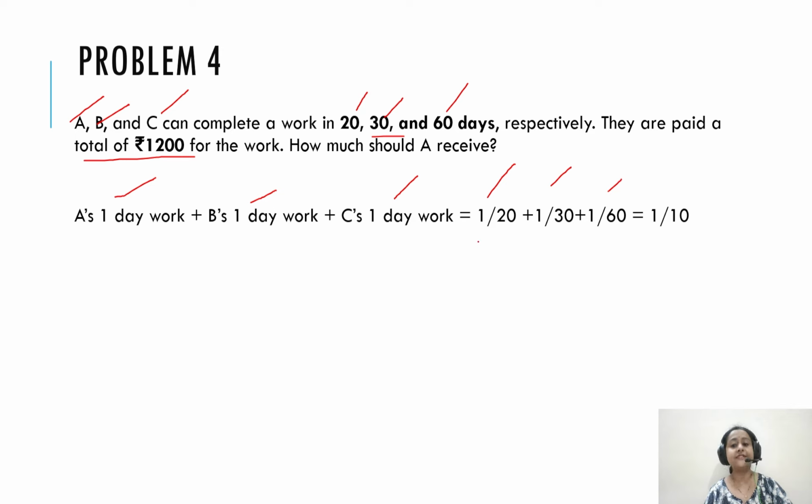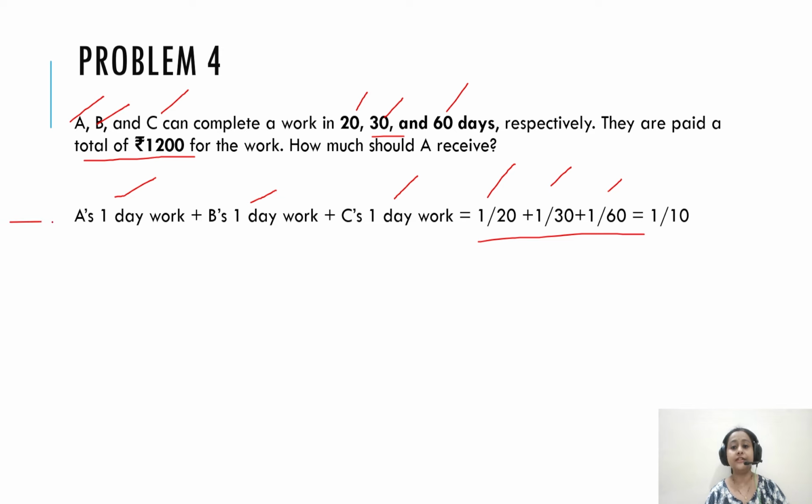Okay, so if we take the sum of these three, we will get the portion of the work that will be completed in one day by A, B and C if they work together. So just take the sum of their efficiency rates, that means how much they can complete individually in one day.